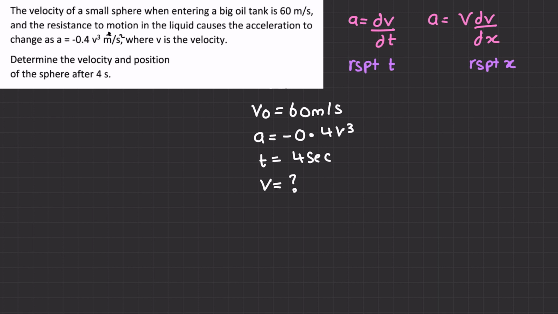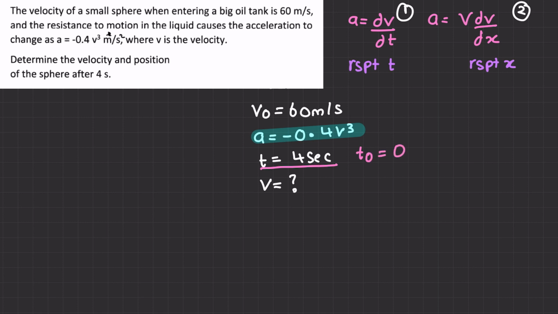and we're looking for our final velocity at 4 seconds. The first thing we're going to do is to break down our acceleration because it is a non-constant acceleration. And now we're going to think, which formula are we using, the first one or the second one? We're going to use the first one because they gave us our values of t, and we also know that t0 equals 0.